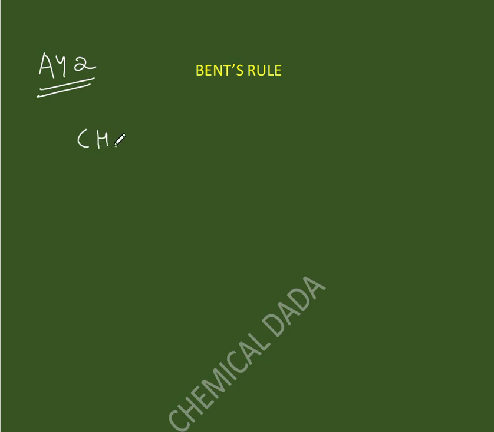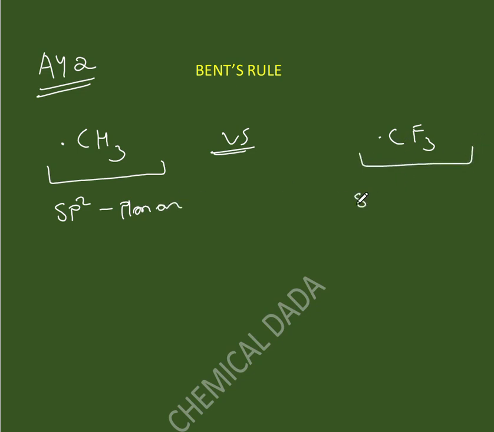It is like the CH3 radical fighting up against the CF3 radical. Now, this radical is sp2 hybridized, is planar. However, this radical is sp3 hybridized and is tetrahedral, or we can call it pyramidal.